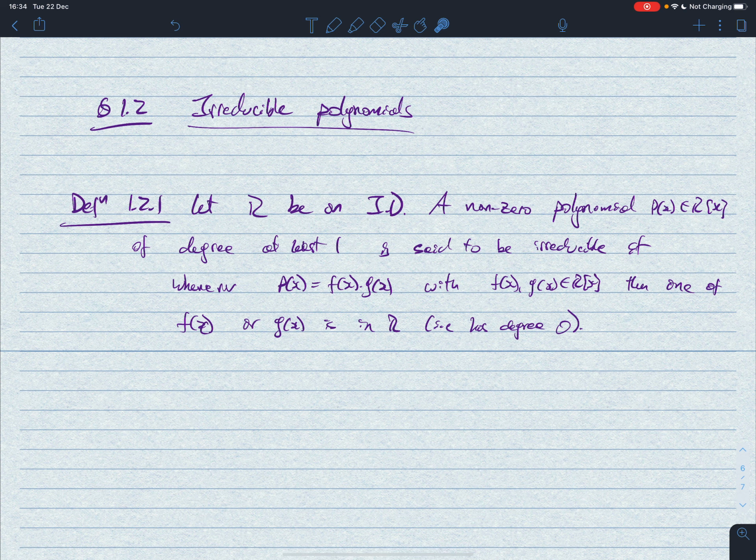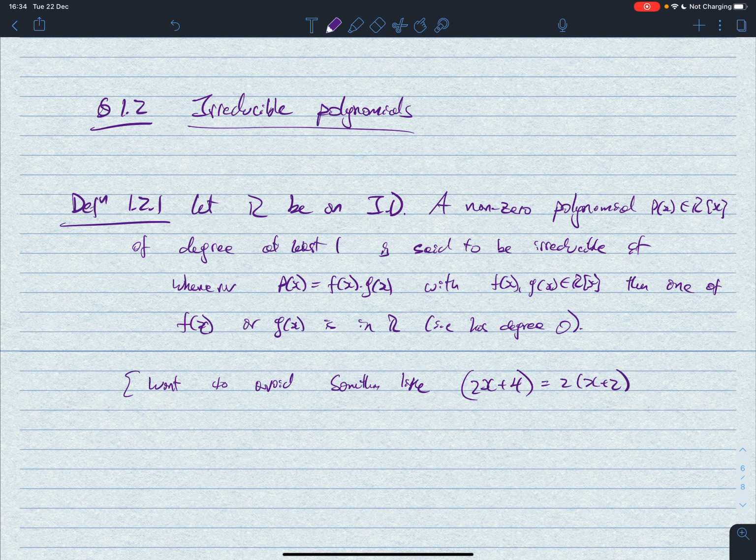But for polynomials, we don't want this, because we want to avoid something like this: if I have some polynomial like 2x plus 4, then I can write this as 2 times x plus 2, say.